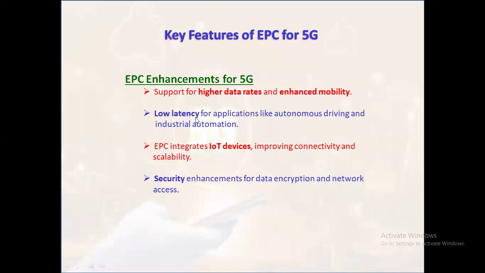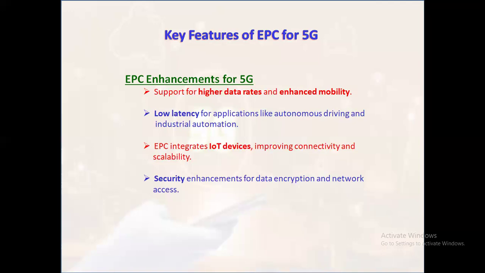Next one is low latency for applications like autonomous driving and industrial automation. What does it mean? One of the most significant enhancements of EPC for 5G is its ability to support low-latency communication. Latency refers to the time it takes for data to travel between two points in a network.